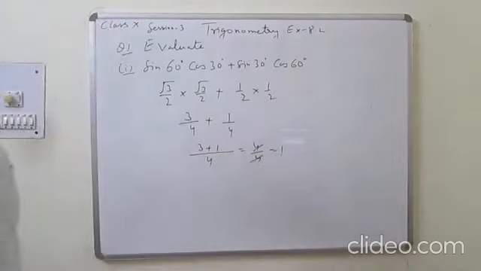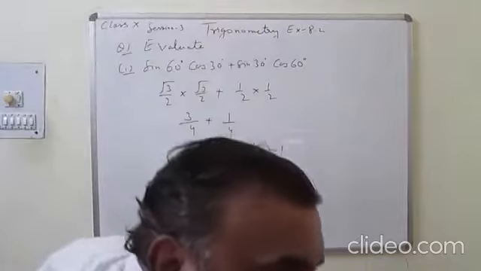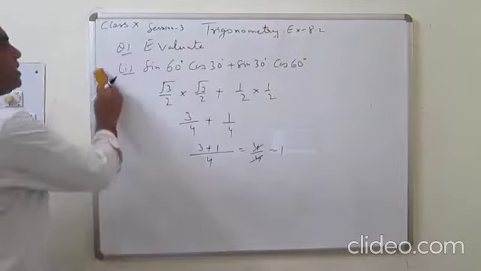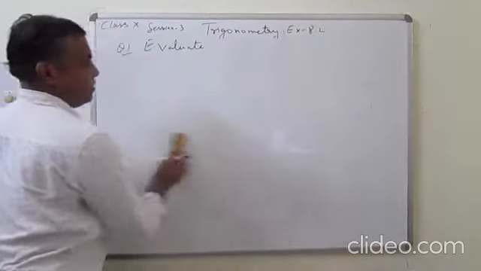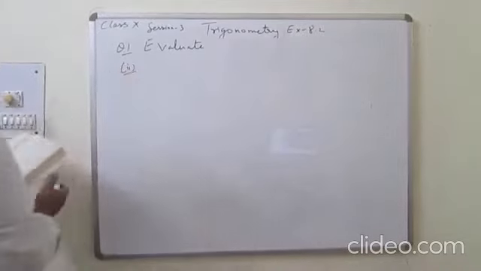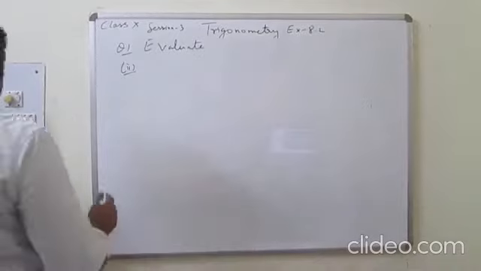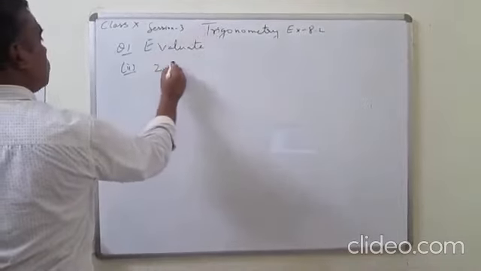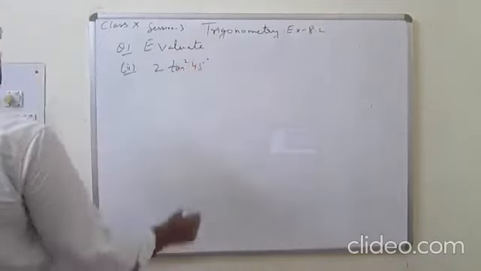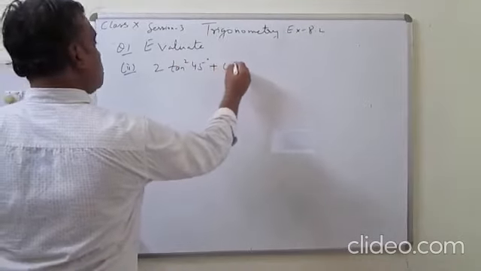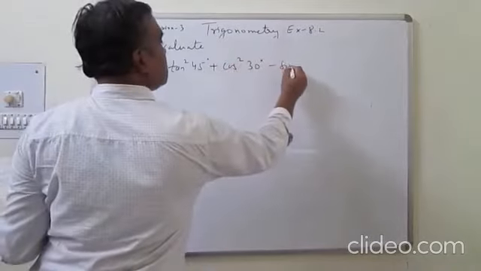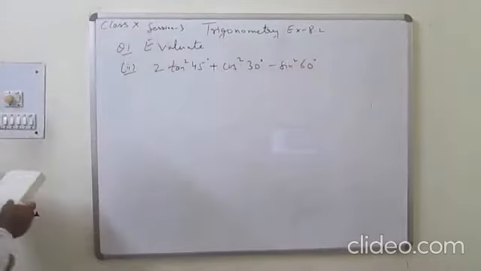Now I will take the second part. It is 2 tan square 45 plus cos square 30 degree minus sin square 60 degree.